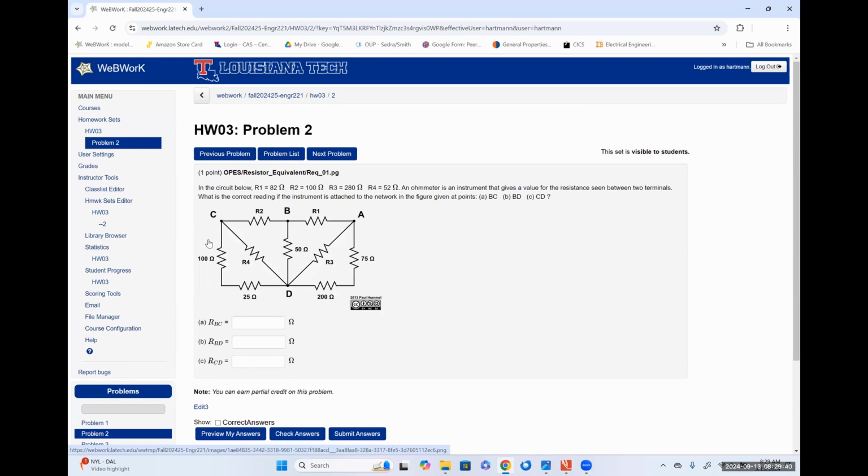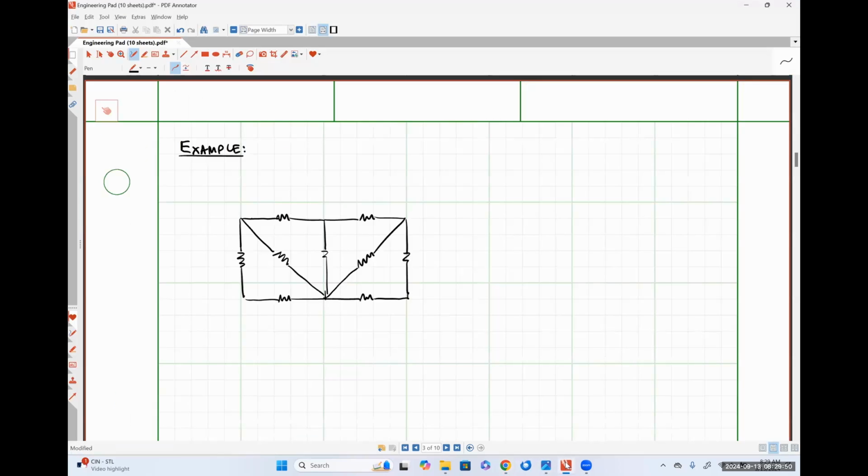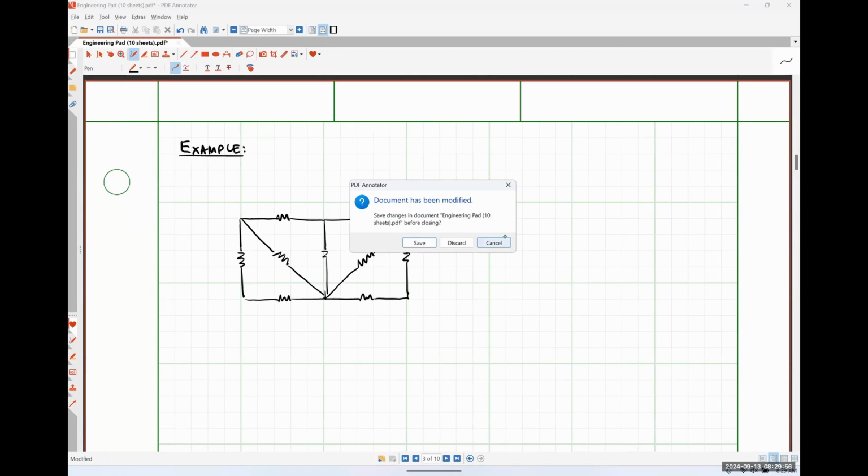So let's see, we have R2 is 100 on top, 100 on the left, 25 on the bottom. So I don't want to exit anything. Quit being a weirdo, computer. That's going to annoy me.